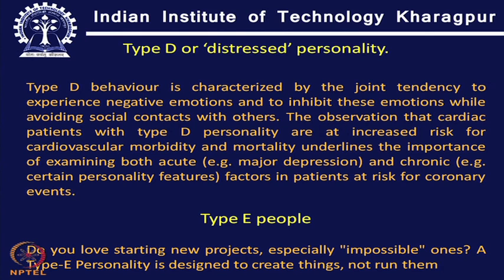Otherwise, if that shift is not made, people with type E personality will experience boredom in their work and their performance level will come down. So, we have to understand this personality pattern and design proper job settings for them.